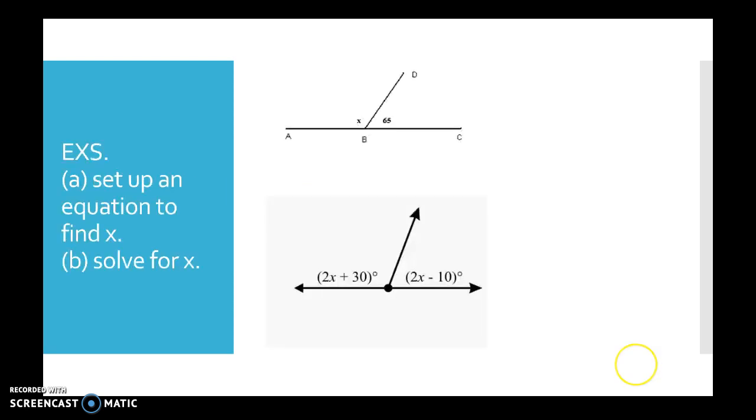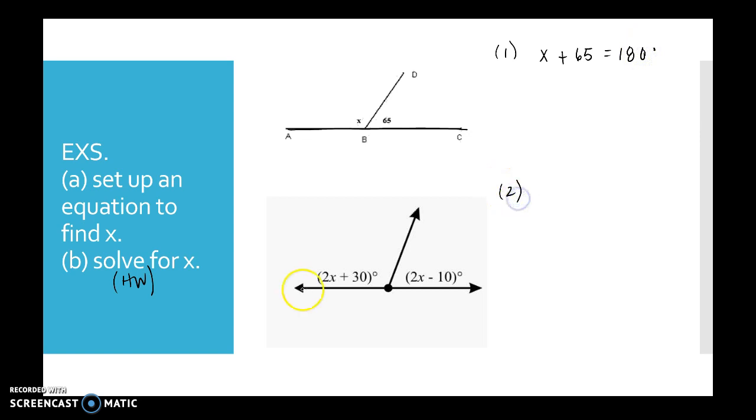All right, we're going to set up two quick examples, and same as complementary, we'll set them up, and for homework, you solve them for x. Okay, so for the first one, I notice angle ABC is a straight angle. So my equation, x plus 65 is going to equal 180 degrees.